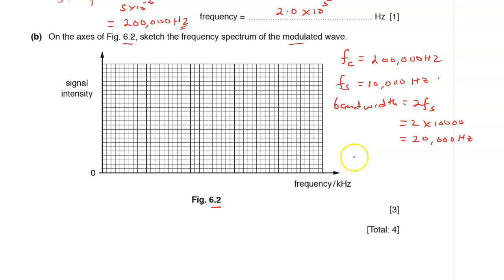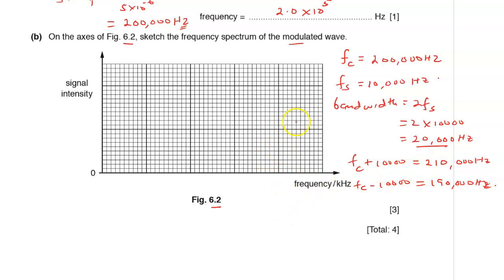Therefore, the upper limit is the frequency of the carrier wave plus 10,000, which is 210,000 hertz. The lower limit will be Fc minus 10,000 hertz, which is 190,000 hertz. So from 190 to 210, if you find the difference, you'll get 20,000 hertz.